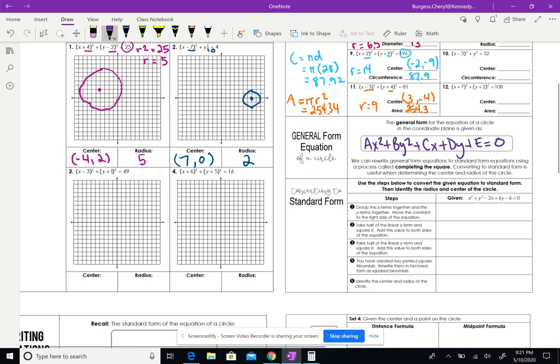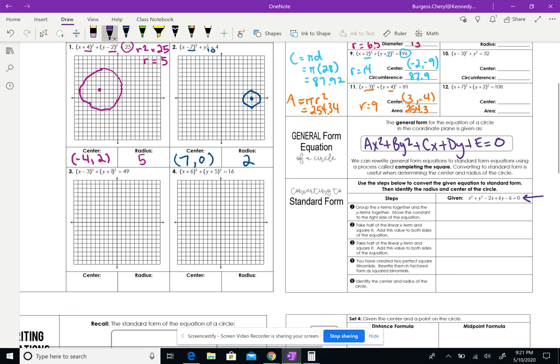So we are converting from general form to standard form with the process called completing the square. And I'm sure you remember this from algebra last year. So our goal is standard form. So step 1 is to take our equation of a circle in general form and start the completing the square process.